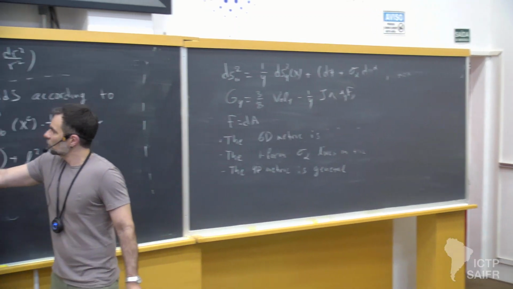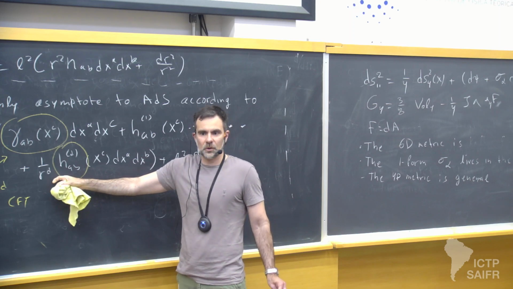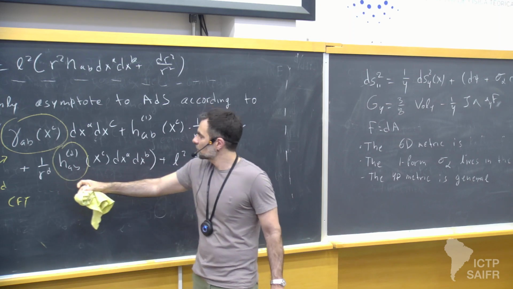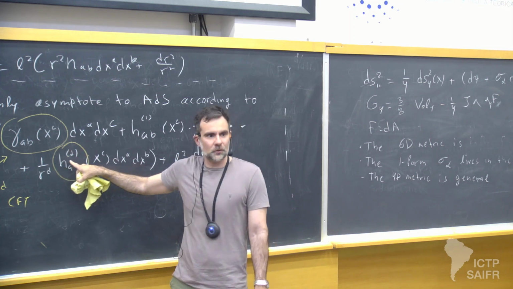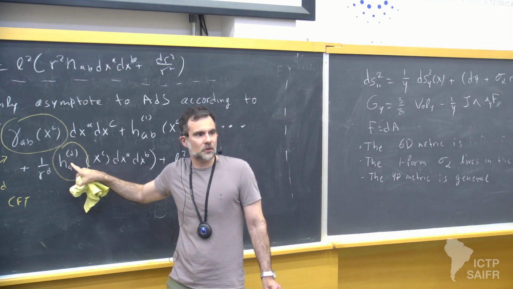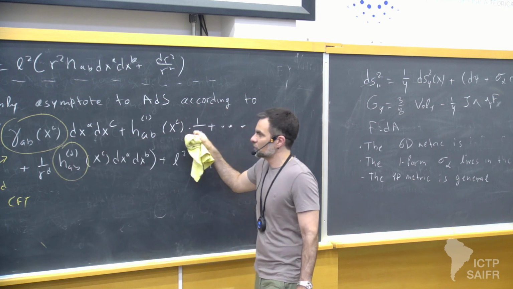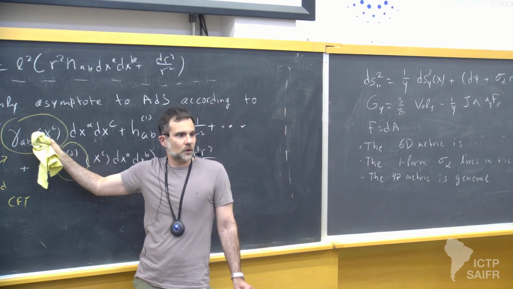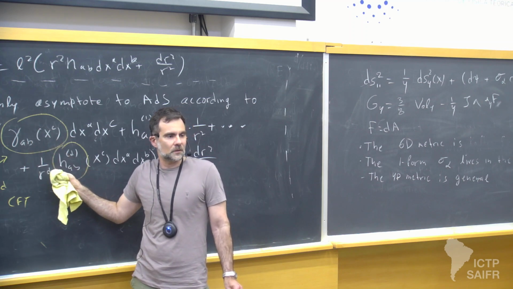Right. So this is not part of this expansion, right? It is a new constant of integration. Yes, this expansion does follow from the equations of motion, but this is a completely different power.